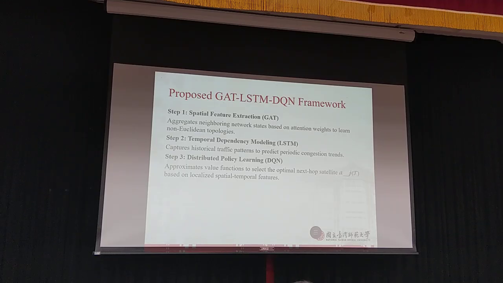First, for spatial feature extraction, we choose graph attention network or GAT. The topology of an LEO constellation is inherently a non-Euclidean structure, which conventional neural network cannot handle.